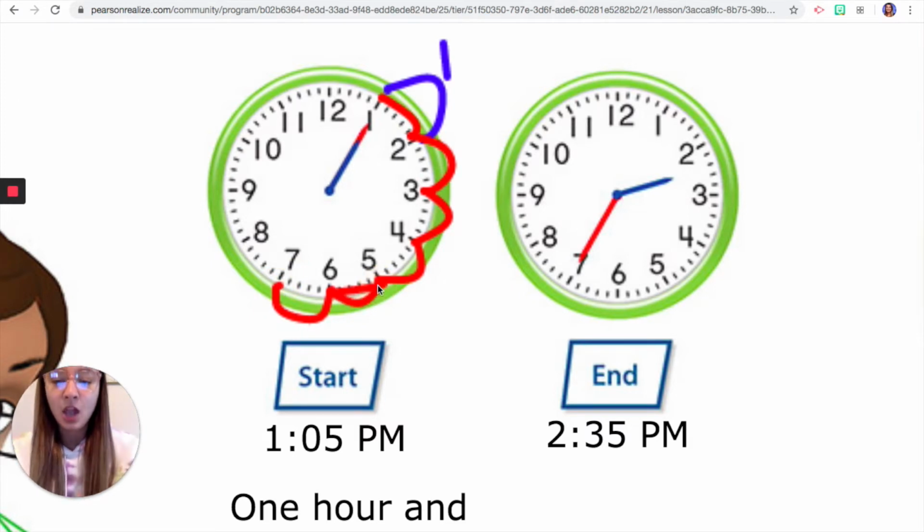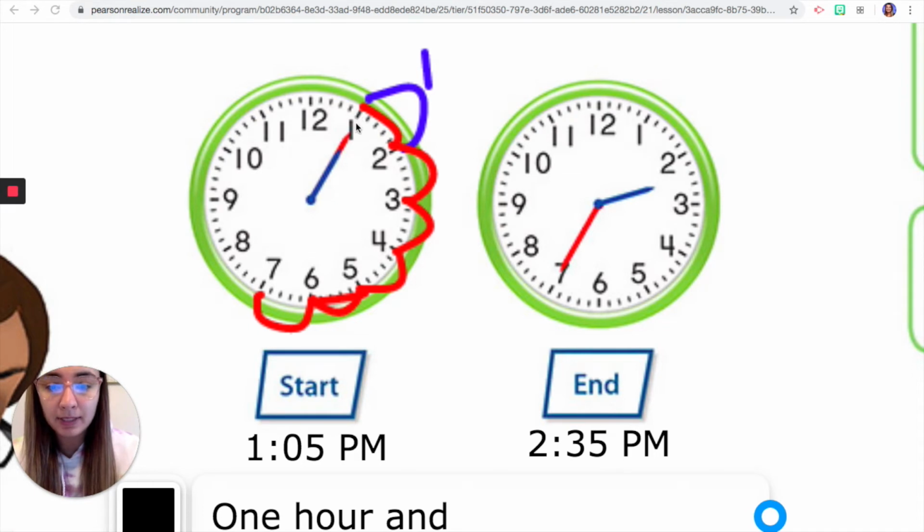There we go. Okay, so now that I have my thing mapped out, I'm going to remember that for minutes, each number equals 5. So because it's exactly on the 7, it's going to make it super easy for me.